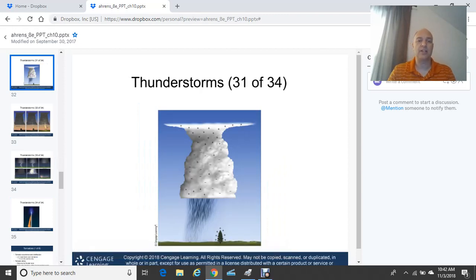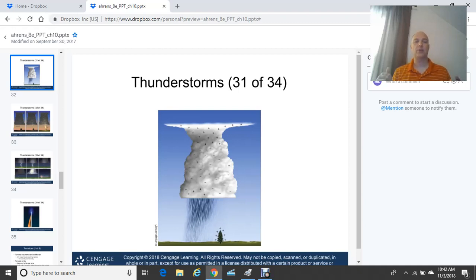Right? And here is the electrical charge distribution within a typical thunderstorm. As I mentioned, you typically get positive charges with ice crystals in the upper part of the cloud, mainly negative charges at the base of the cloud with the liquid drops, and then basically they call it a shadow effect.